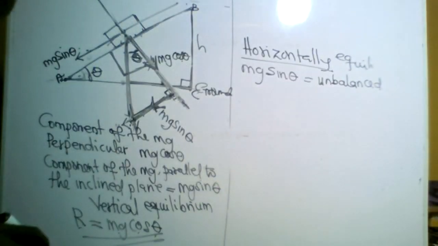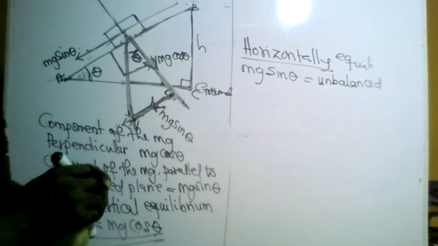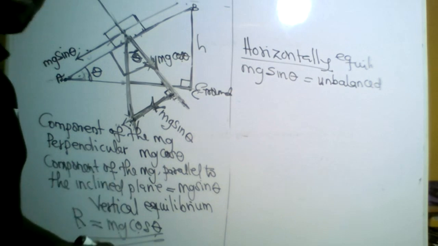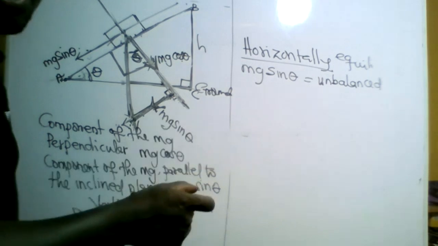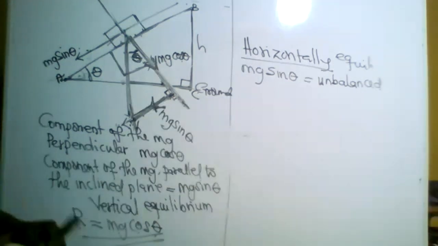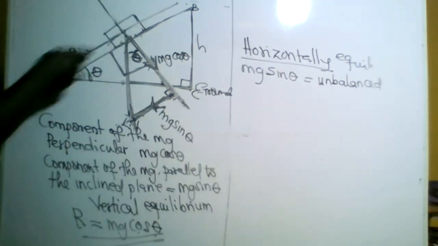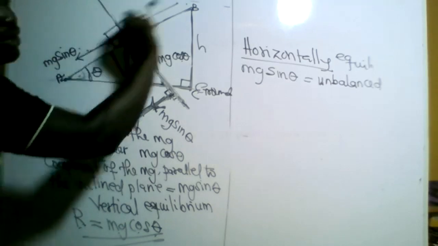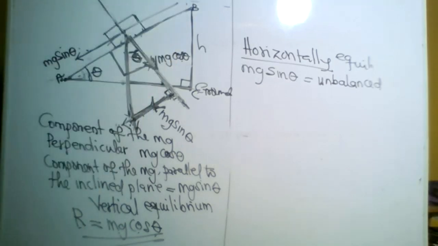And whenever there is an unbalanced force, the body accelerates in the direction of the unbalanced force. Because mg sine theta is the only force here, and there's no force up there to balance it.